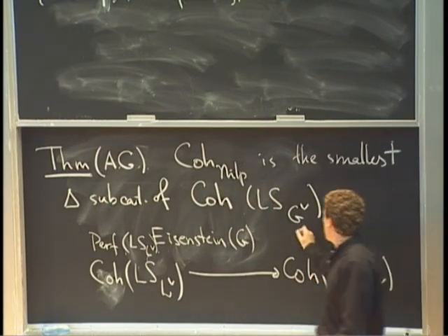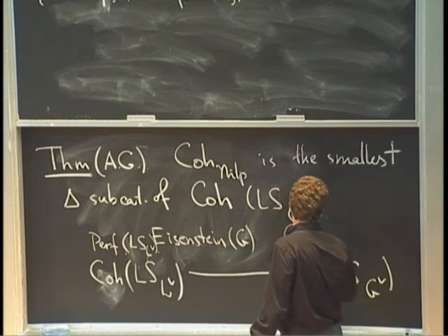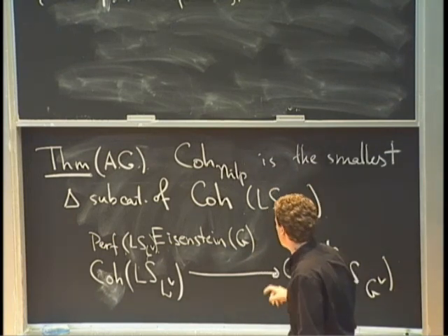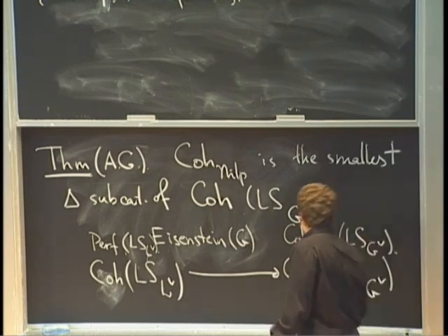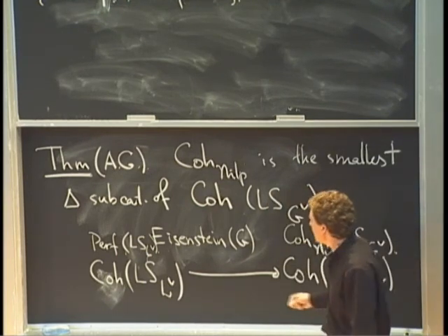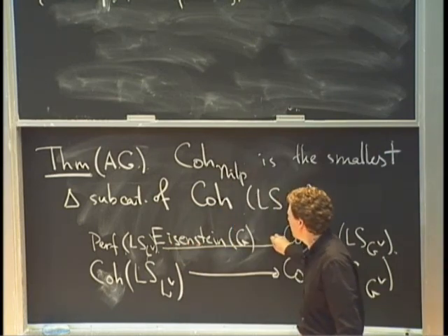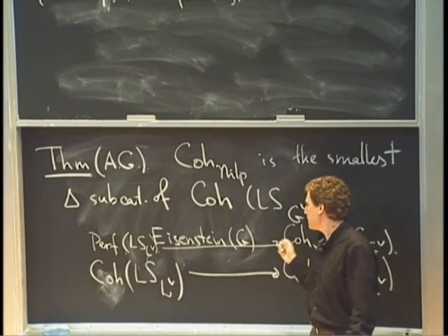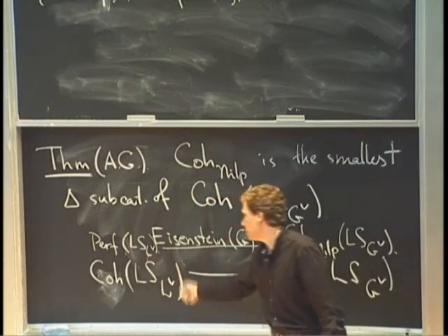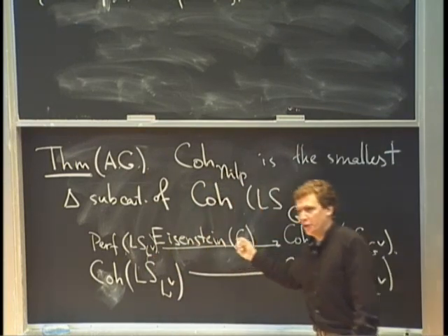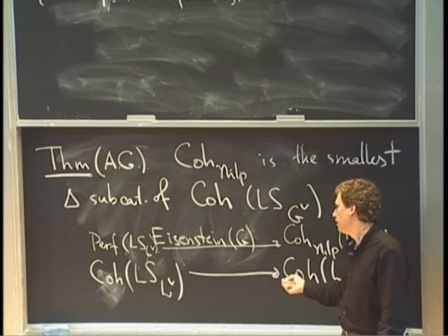The claim is that these coherent sheaves with nilpotent support are actually exactly the smallest category that contains the image of all Eisenstein series functors for all Levis, including the improper Levi.